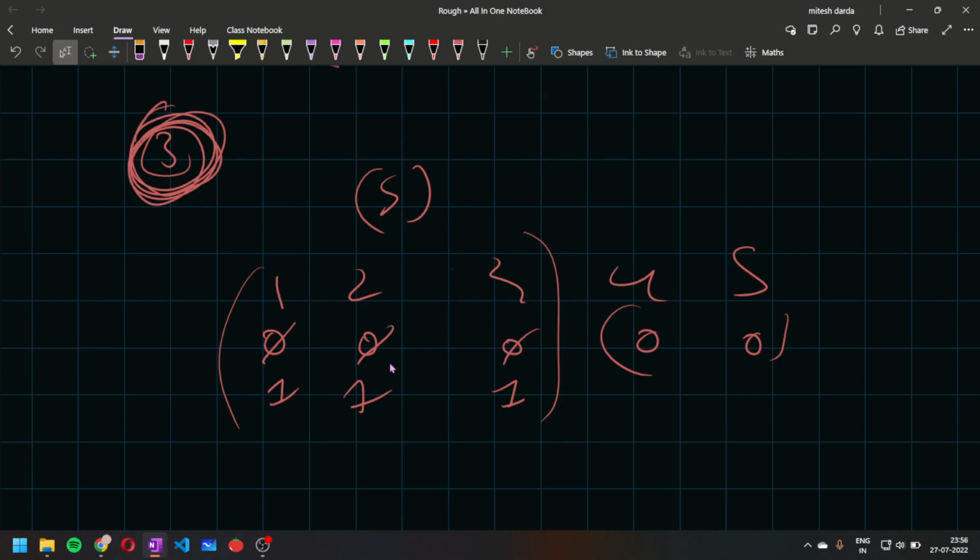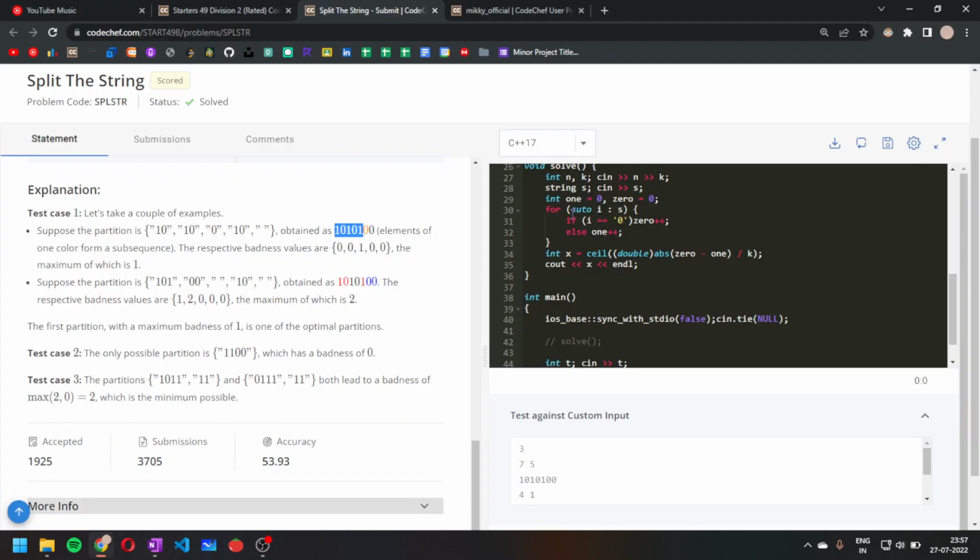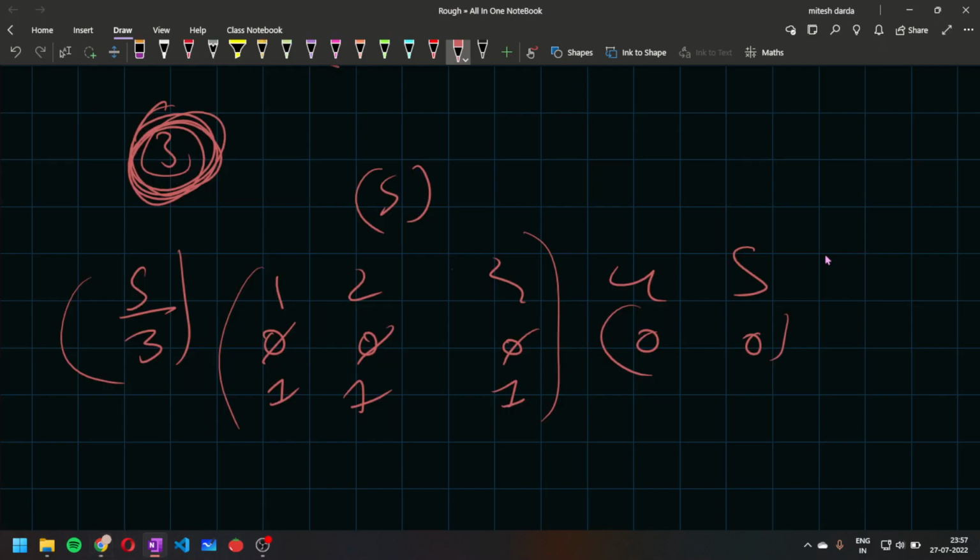So this is nothing but 3 divided by 5, or in other words, we can say the ceil of the absolute value of zeros minus ones divided by k. So this is our answer. Wait, one second.